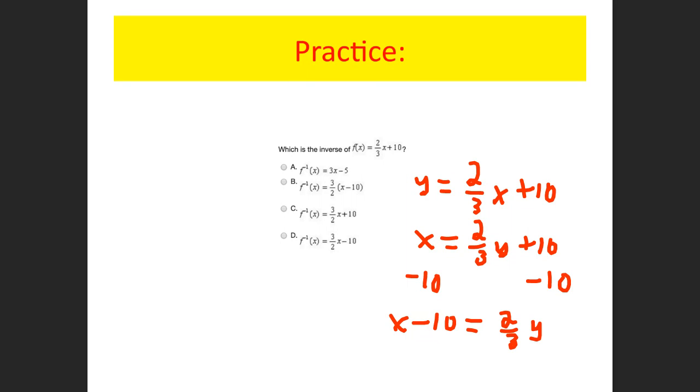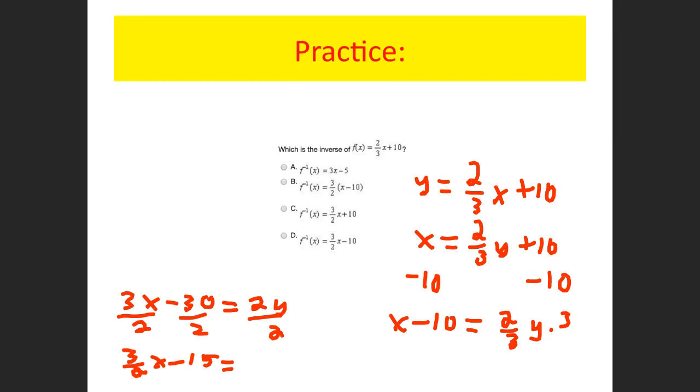Now, it all depends on how you want to do this. I would probably multiply through by 3 first. So that would give me 3x minus 30 is equal to 2y. And then I would divide through by 2, dividing each term by 2. So I end up with 3x minus 15 is equal to the inverse function. So 3/2 x minus 15.